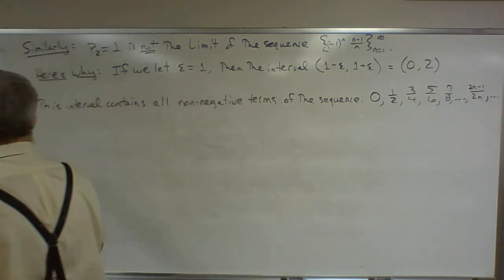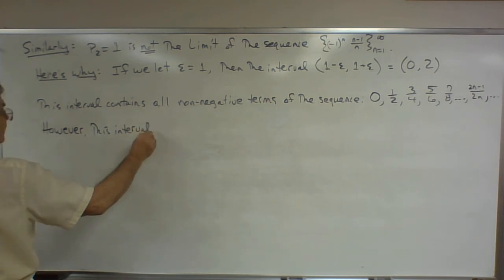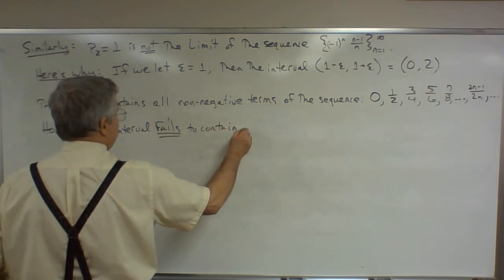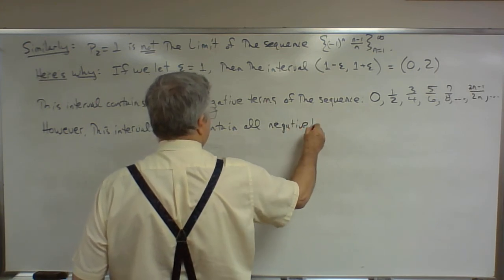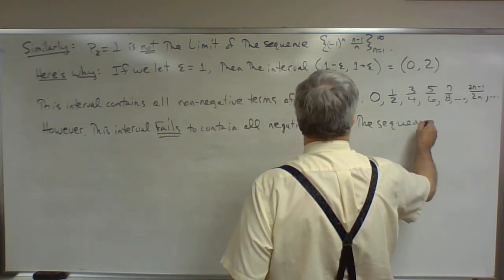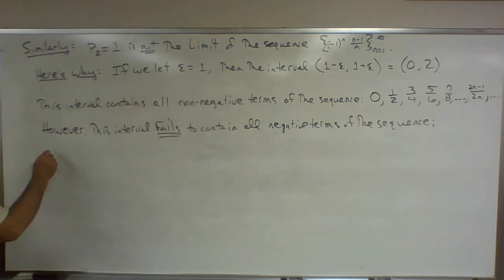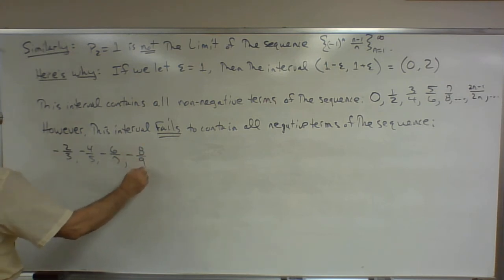But there's a problem. This interval fails to contain all negative terms of the sequence: -2/3, -4/5, -6/7, -8/9.